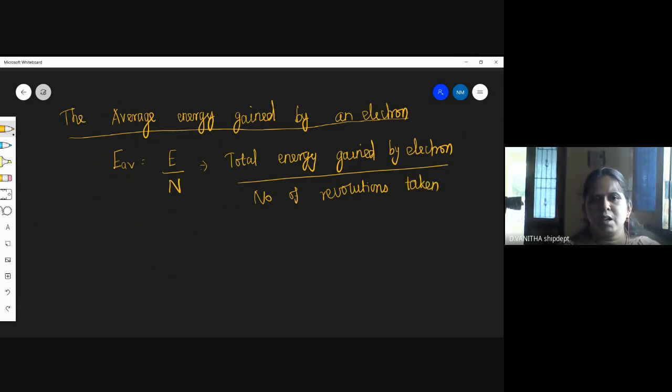So this is the average energy gained by the electrons. So by using this, we can calculate, in the Betatron condition, how much energy is gained by the electron while it is traveling through the circular path, and the average energy gained by the electron is also calculated.